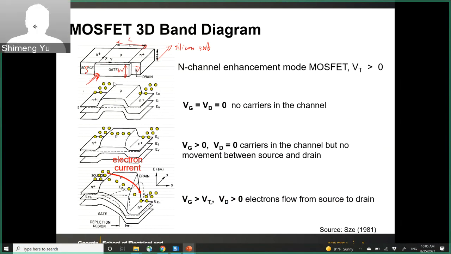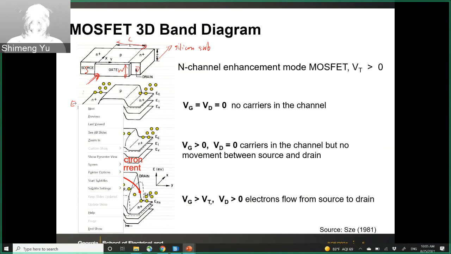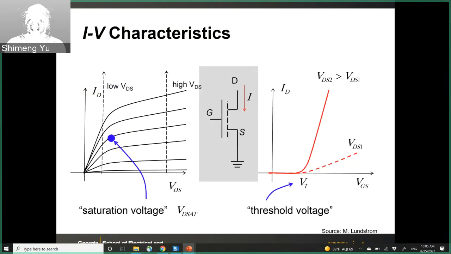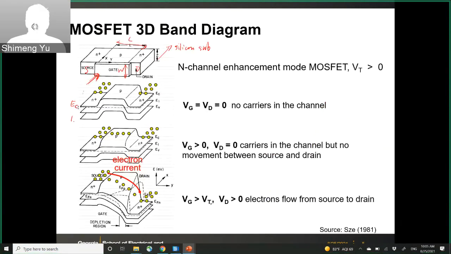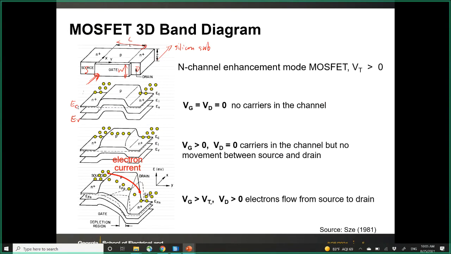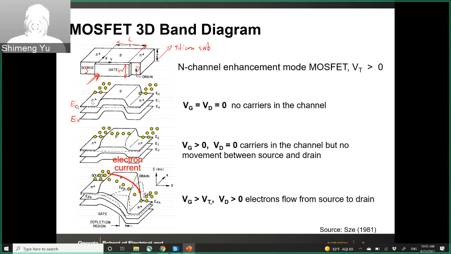Here is the band diagram in the 3D view. Because this is an NMOS transistor, you have a P-type substrate, and you have the band diagram like this. The first is EC, the conduction band, and then EV, the valence band. The PN junction will have this built-in barrier between the source and the channel to the drain, so you have this kind of barrier from the source to the drain.